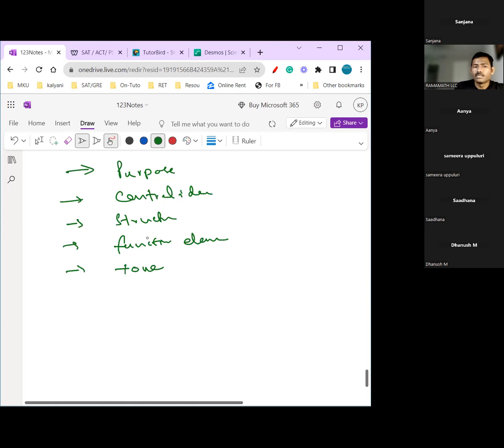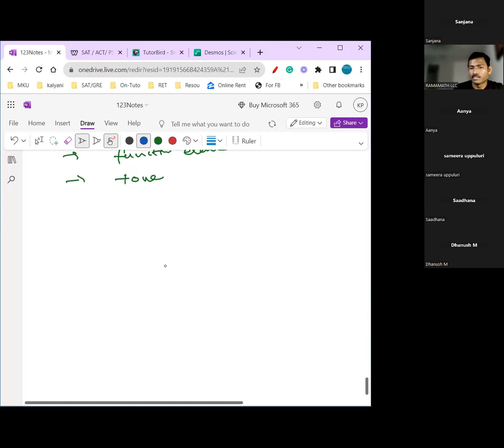We also talked about what types of passages you can see in the reading part: expository, rhetorical, or narrative. These three types of passages normally show up on the test, and if you know what type of passage it is, you have a better idea how to answer the questions.